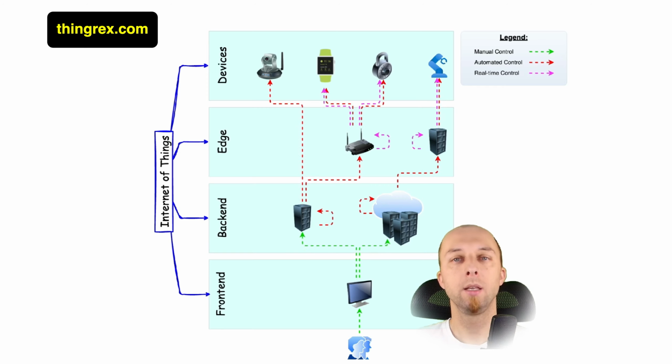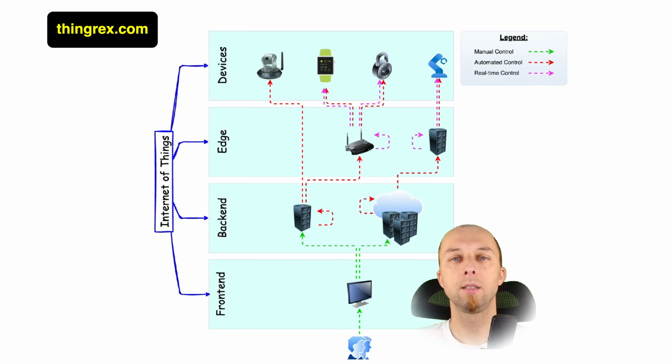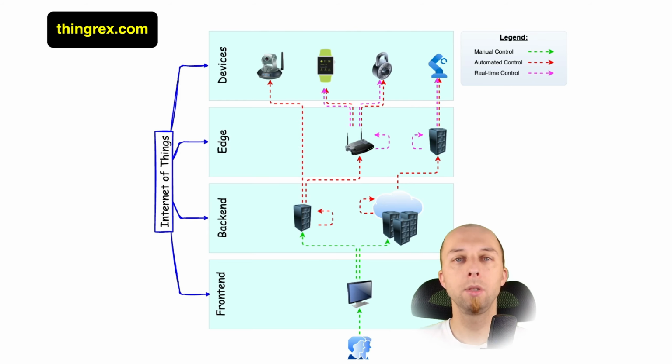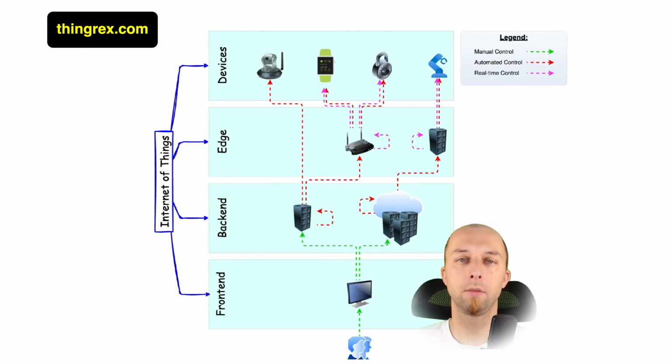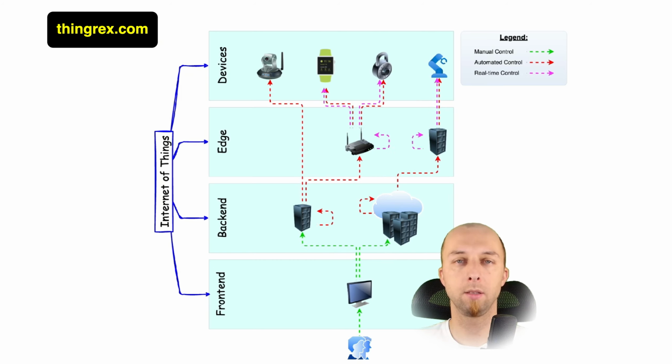Because edge gateway is connected to the same network as local devices, the latency is minimal, and we can monitor and control the process in real time. We leverage edge processing typically for industrial IoT deployments like factories or medical facilities.